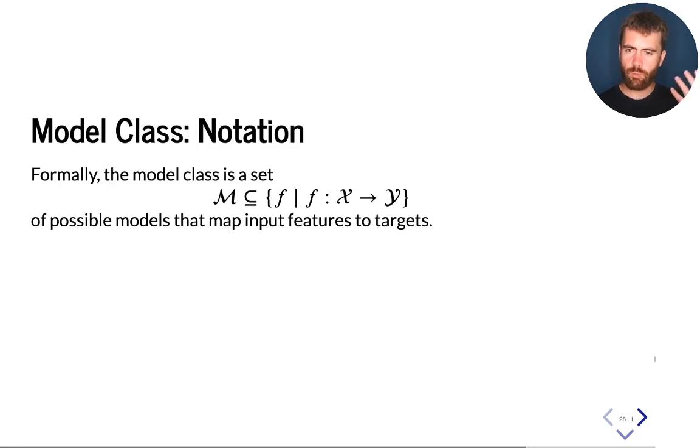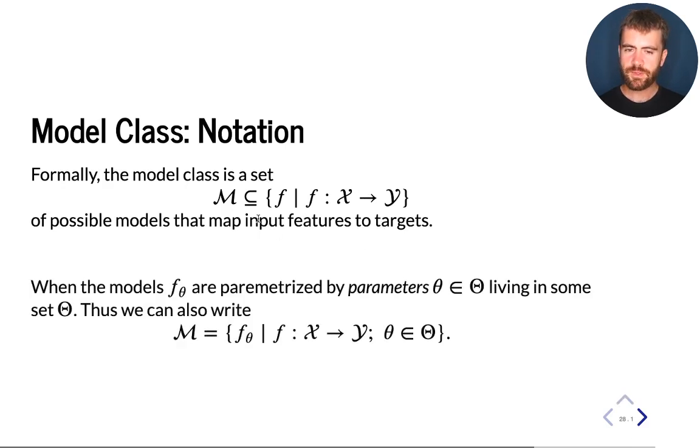Now that we know what a model looks like, or how we can define a model using mathematical notation, we can now define a model class using mathematical notation. In its most general form, a model class can be any subset of the set of all possible mappings between features and targets. In practice, in order to define this set of models, we often use parameters.